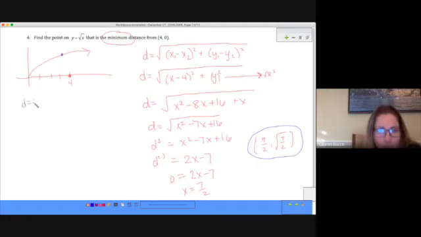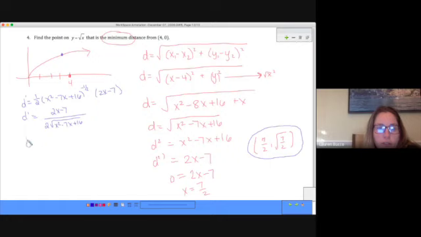So let's just come back over here. I'll just prove to you that you wouldn't be wrong if you had found the derivative using the chain rule. So it would be 1/2 x squared minus 7x plus 16 to the negative 1/2, follow up with the chain rule, times 2x minus 7. So the derivative is equal to, I'm going to clean this up, 2x minus 7 in the numerator, and 2 square root x squared minus 7x plus 16 in the denominator.